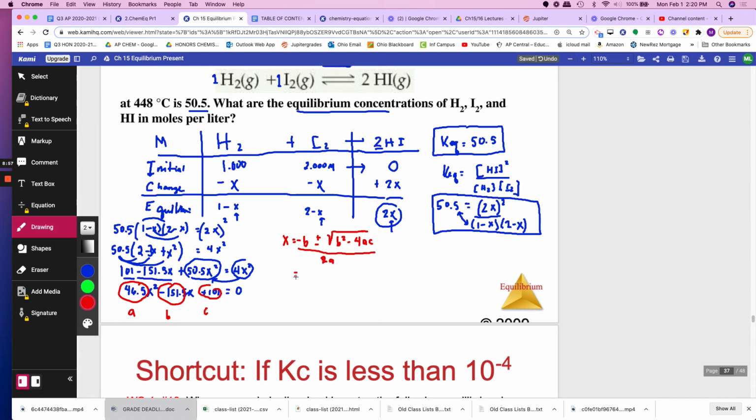So you plug in the numbers. b would be negative 151.5 plus or minus the square root of 151.5 squared, b squared, minus 4 times a, which is 46.5, times c, which is 101.